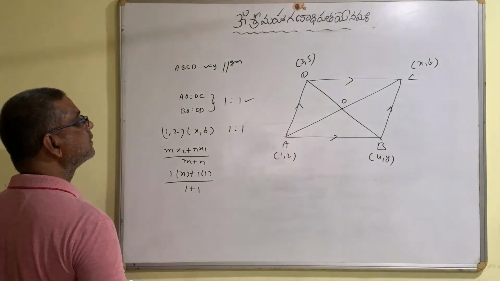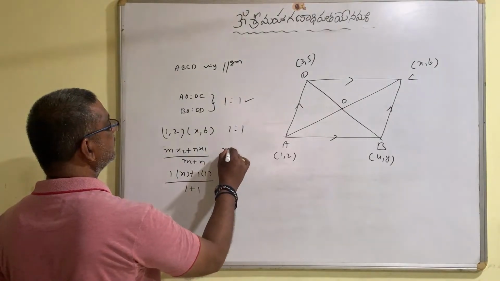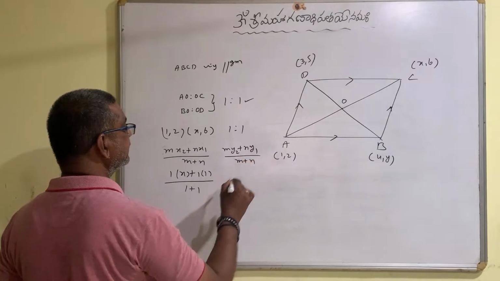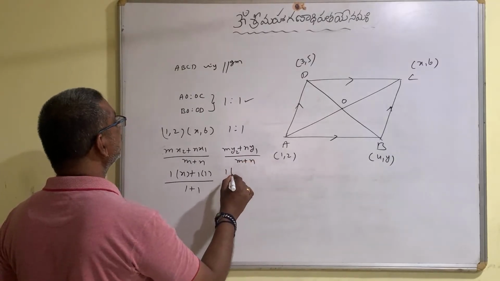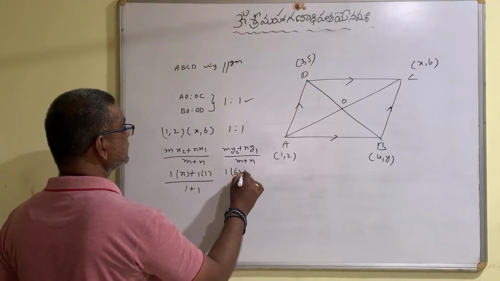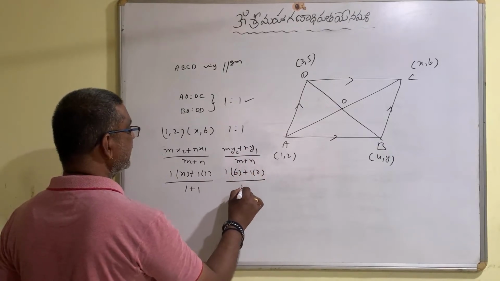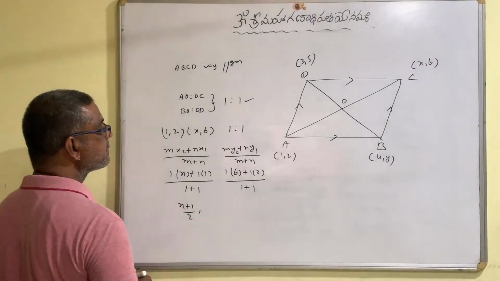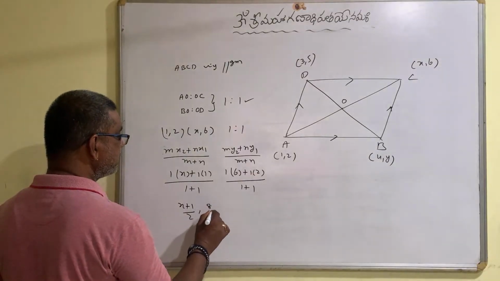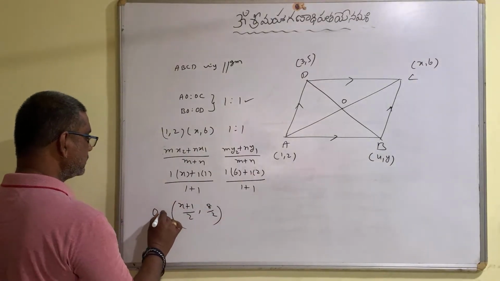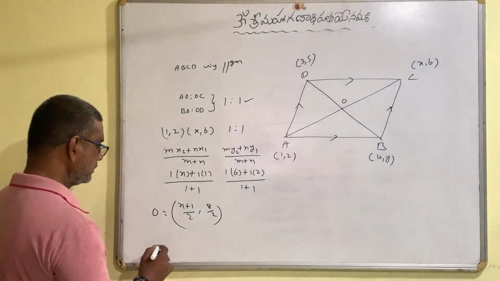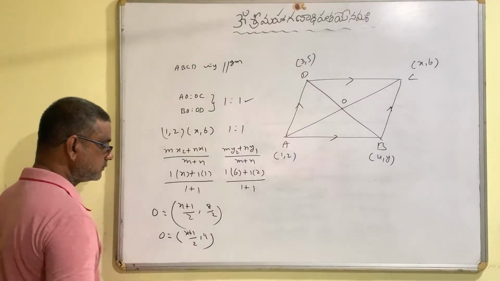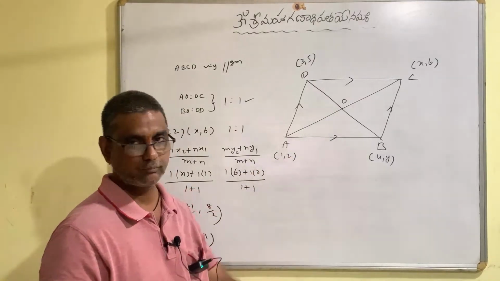In the same way, m y2 plus n y1 by m plus n, 1 into y2 plus 1 into y1 by 1 plus 1. So x plus 1 by 2 comma 6 plus 2, 8 by 2. These are the coordinates of O: x plus 1 by 2 comma 4.